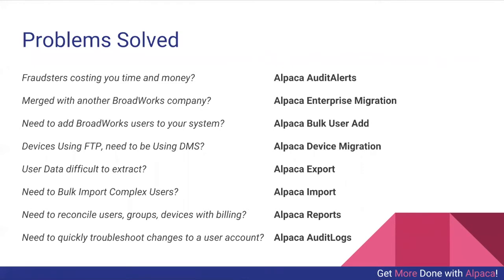So the problem that we have listed here is fraudsters costing you time and money. If you've operated a BroadWorks platform, it's almost inevitable that you've got some joker out there on the internet that's figured out what your PIN codes or passwords are, that they've figured out where you store your device configuration files, or in any one of a number of different ways have determined a way to waste your time and in some cases your money.